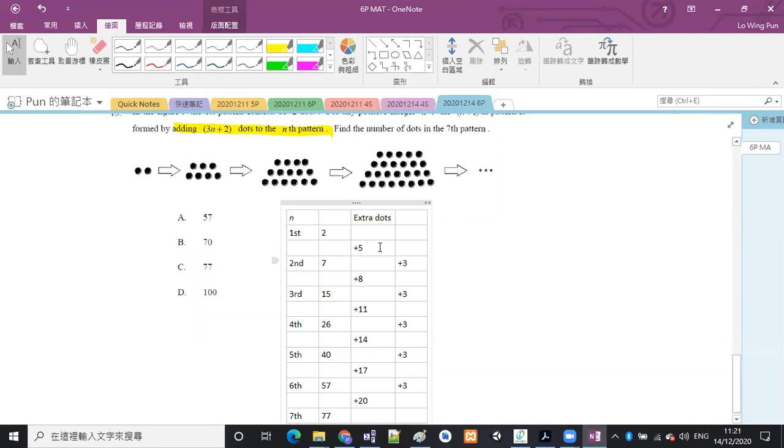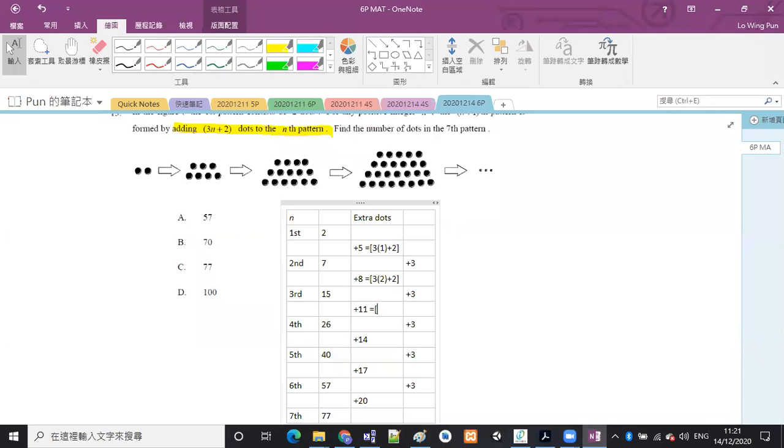Okay, and then this is actually equal to 3 times 1 plus 2. Can you get this? And then this is actually equal to 3 times 2 plus 2.